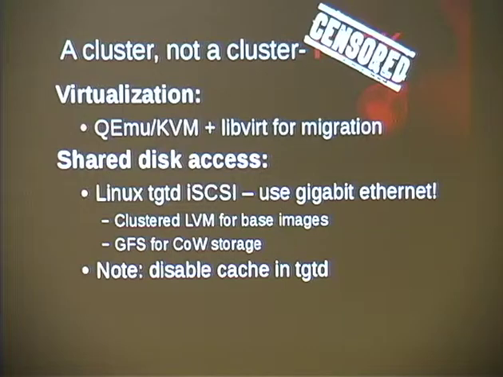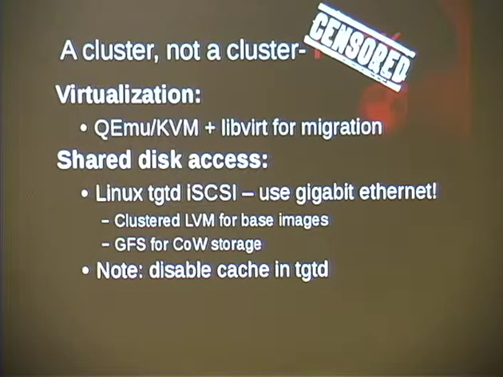If you use the shared disk access stuff, you probably want to use something like the Linux software iSCSI target daemon. You want to make sure you use gigabit Ethernet, because if you're using 100 meg, saving that snapshot to that copy-on-write disk image is going to be slow, and you're going to get impatient. That whole thing of having snapshots saved instantaneously over shared disk, it's a trade-off. It's not quite as fast, but you get the benefits of being able to shove that VM around to any system that you want.